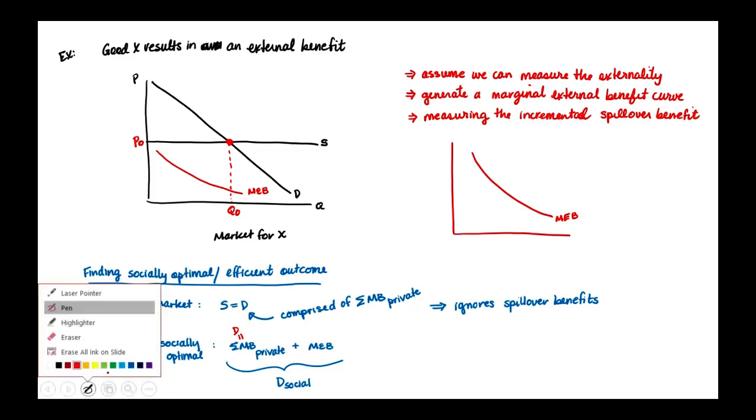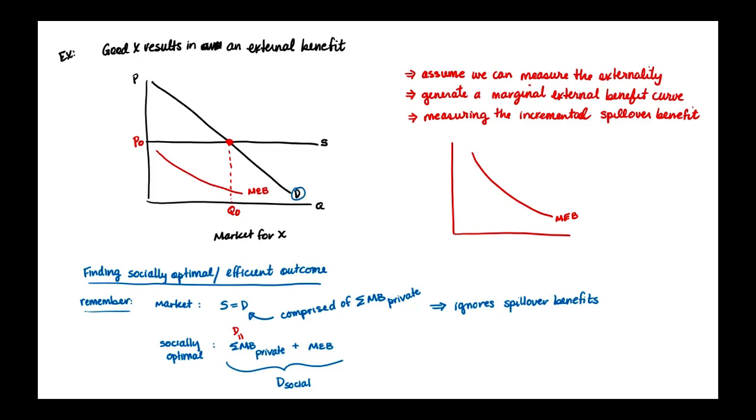For equilibrium, I need to have a point where two things are equal on the graph. Let's take a second and generate our social demand curve. The little red D represents the social demand curve. No, that's this right here, demand.